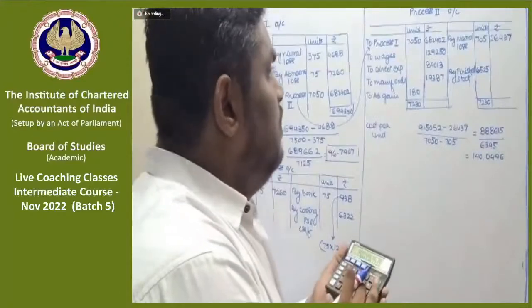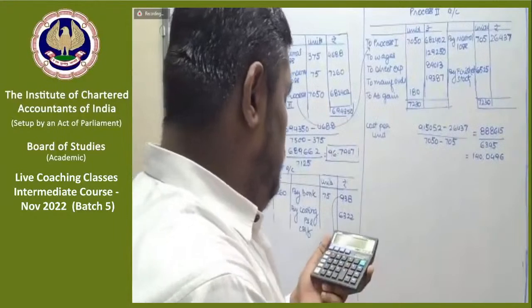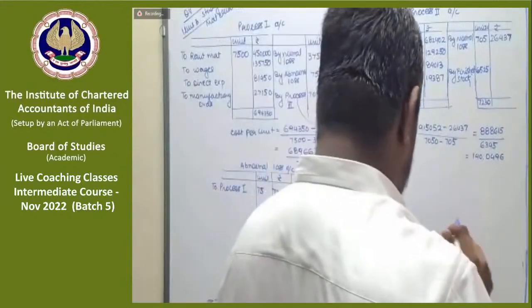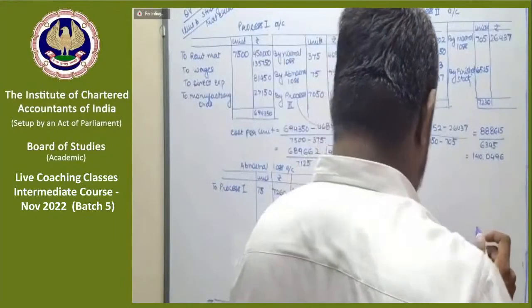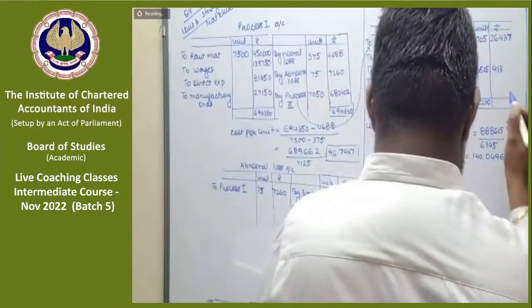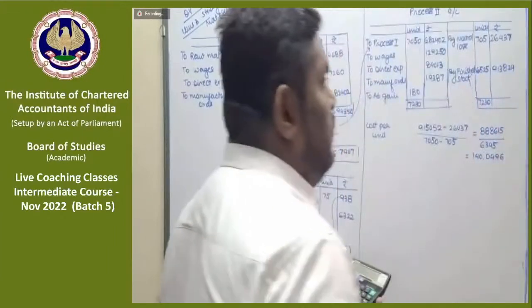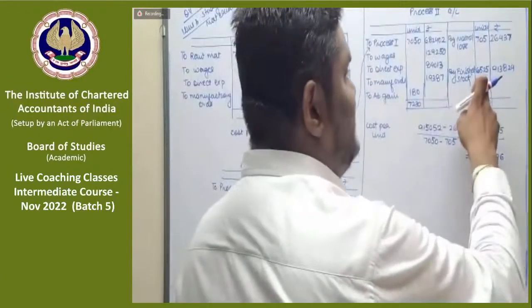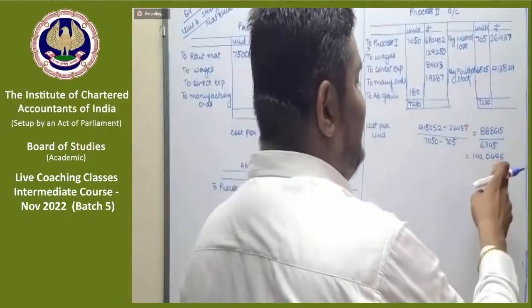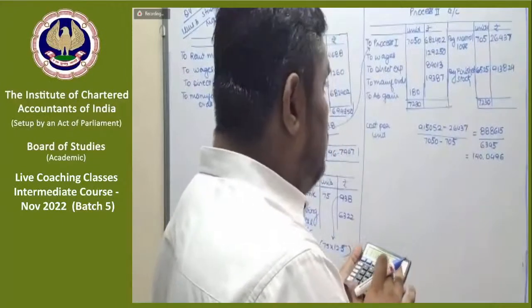So now let's multiply this by 6525. So here we will get 913,824, that is 6525 into 140.0496, that is 913,824.